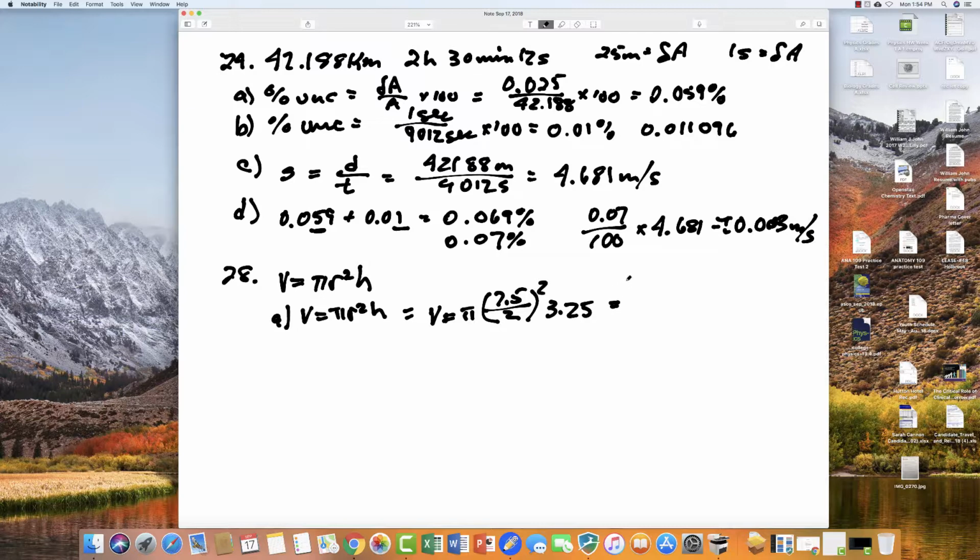If you do the math here, you get 143.58 cubic centimeters, which rounds up to four significant figures, 143.6 cubic centimeters. So that's the volume of the cylinder.